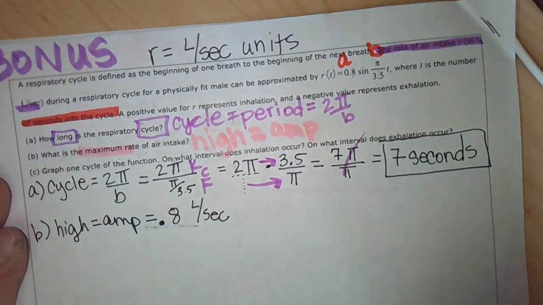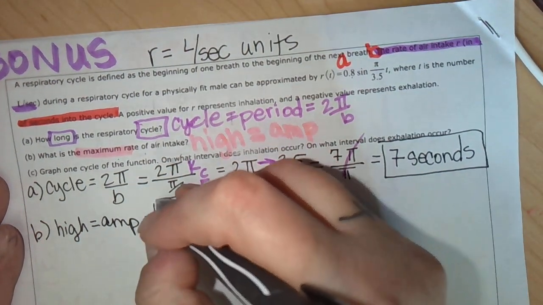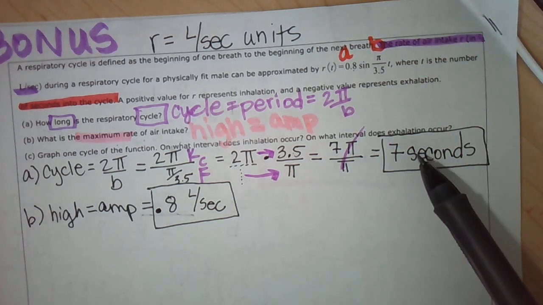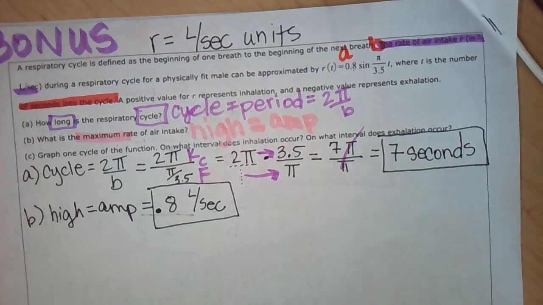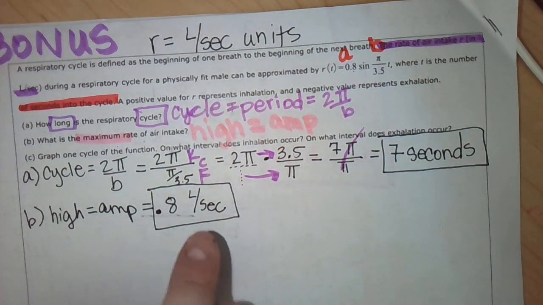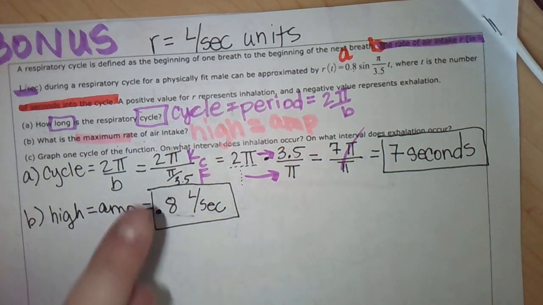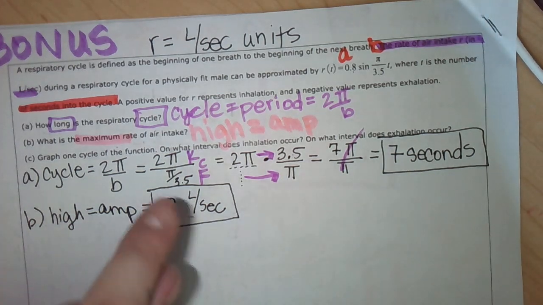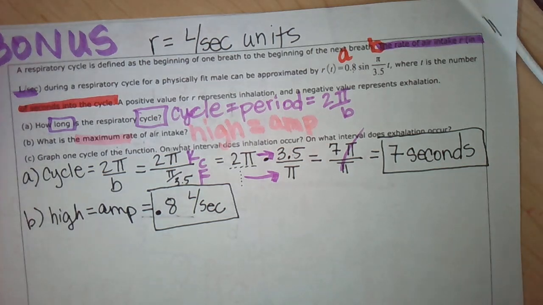You might have to Google that. So this means that the most amount of air that can fill a man's lungs, if he breathes in super deep and super strong for 7 seconds, is 0.8 liters per second. This is as much as he can intake, 0.8 liters per second. So after 7 seconds, he has 0.8 plus 0.8 plus 0.8 plus 0.8, like 7 times.